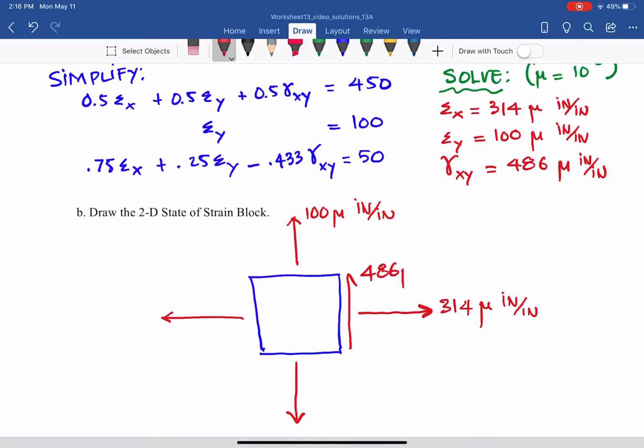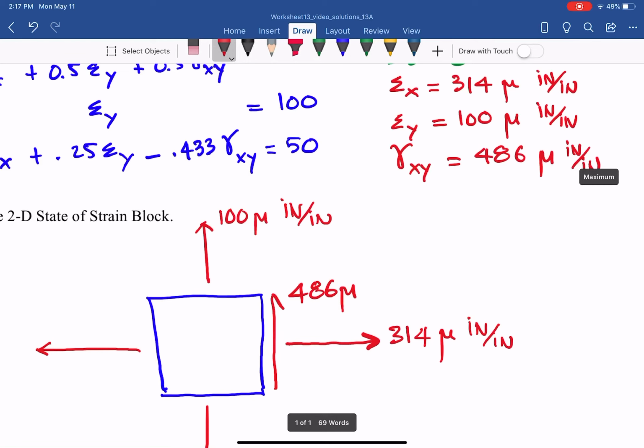Because from our calculation it is positive. For gamma xy, the x stands for the plane that the gamma stands on. So you can see this is the x plane because it's perpendicular to the x-axis, and the plane is named by the axis perpendicular to it, if you recall that.